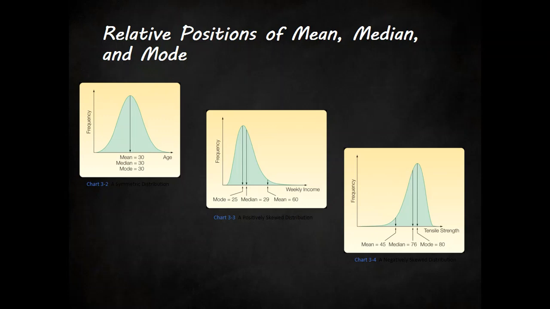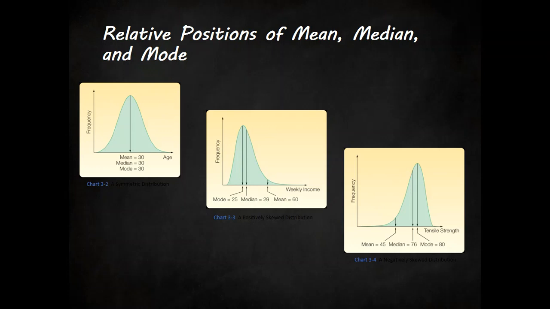If the mean is greater than the median, then you have a positively skewed distribution. And if the mean is less than the median, then you have a negatively skewed distribution. We're going to get into that a little bit later.